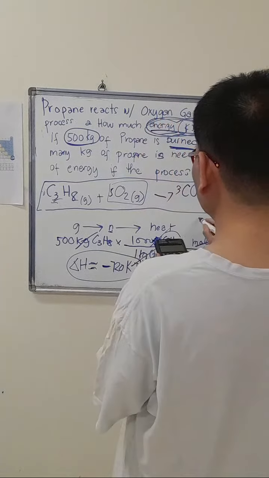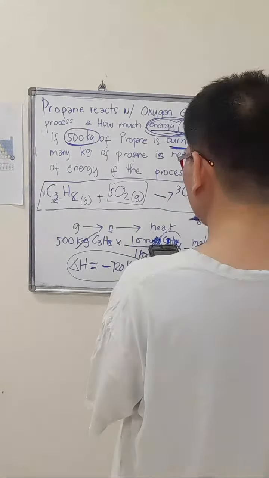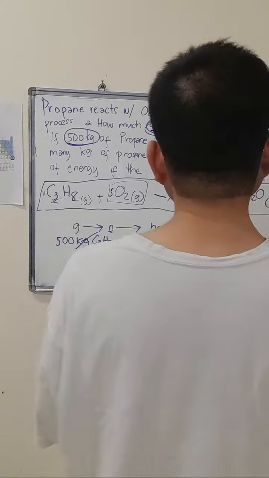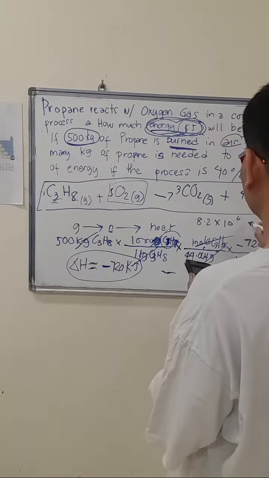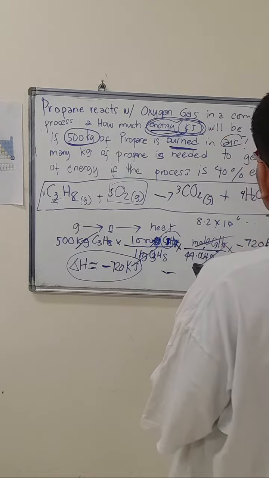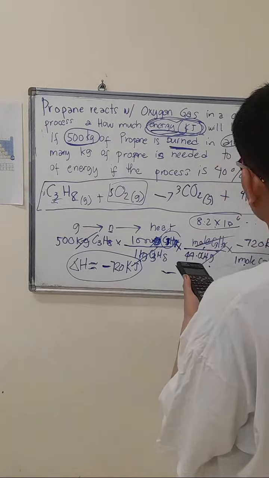It is 8.2 times 10 raised to the power 1, 2, 3, 4, 5, 6. Raised to the power 6. So this is megajoules, because it becomes 10 to the 6. So 0.26 times 10 to the 6. But take note, this is already kilojoules.